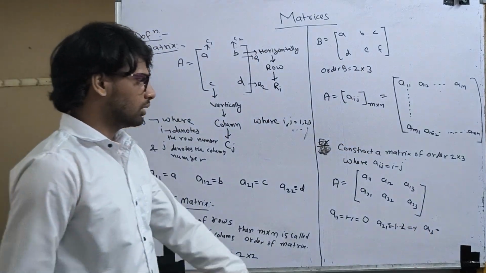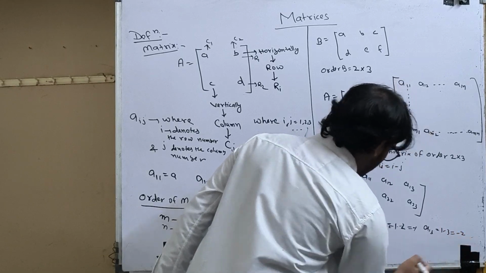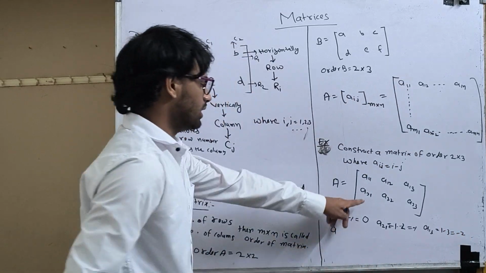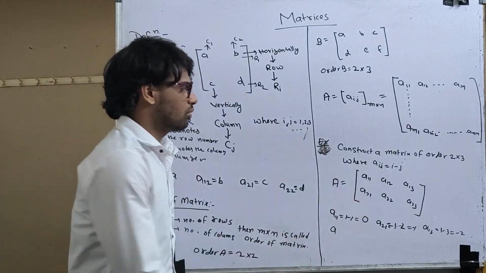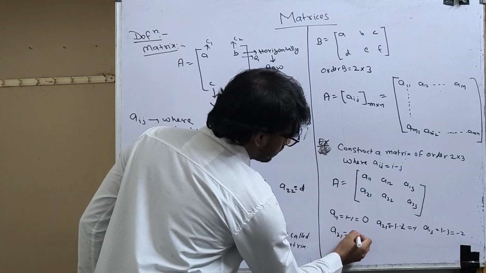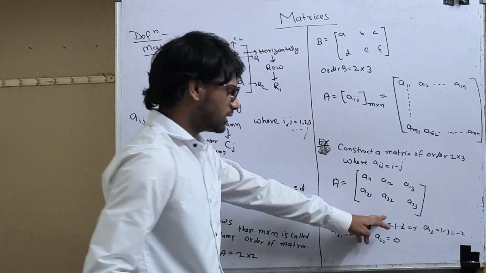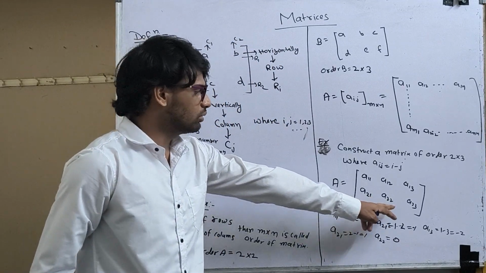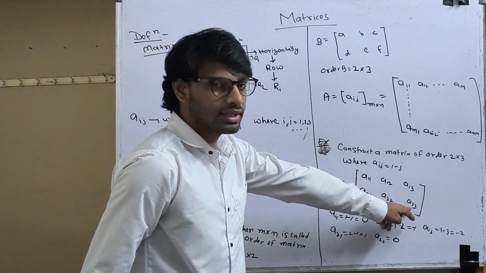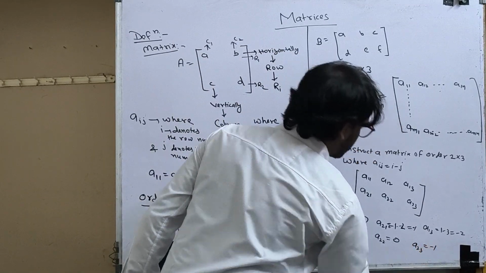And a13 is 1 minus 3, which is equal to minus 2. Then a21 is 2 minus 1 equal to 1, a22 is 2 minus 2 equal to 0, and a23 is 2 minus 3 equal to minus 1.